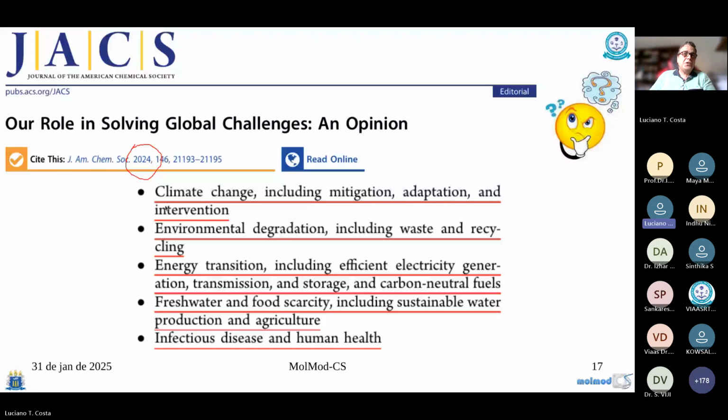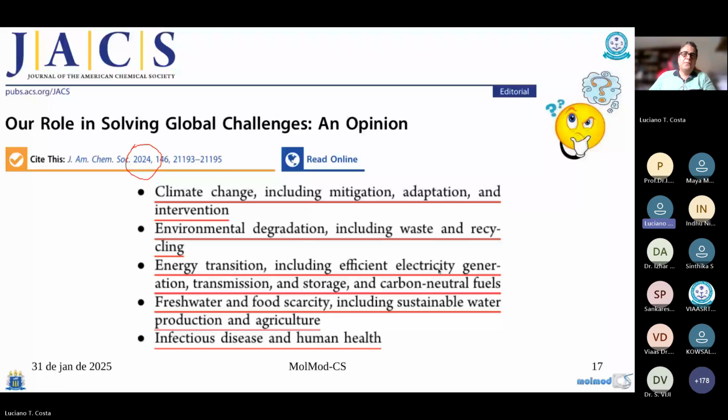One is climate change, including mitigation, adaptation, and intervention. Another one is environmental degradation, including waste and recycling. Energy transition, including efficient electricity generation, transmission, and storage in carbon neutral fuels.